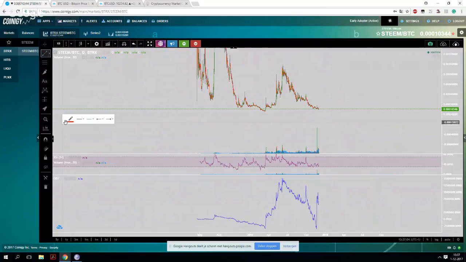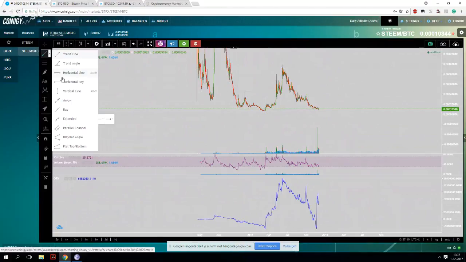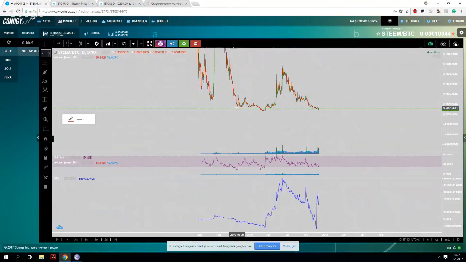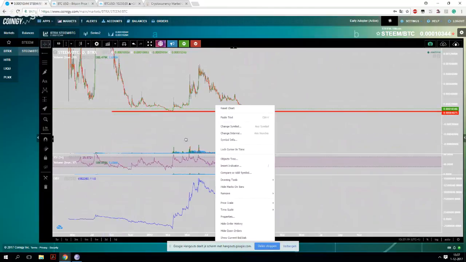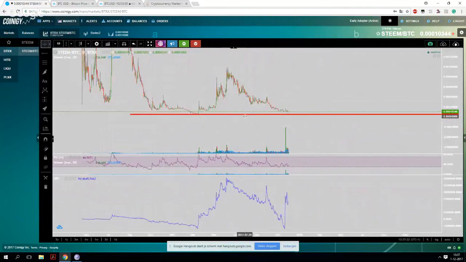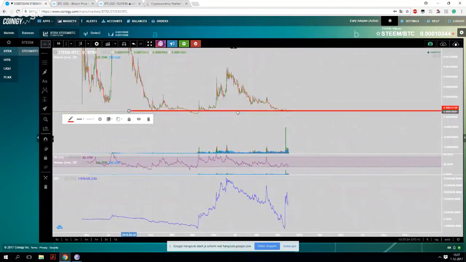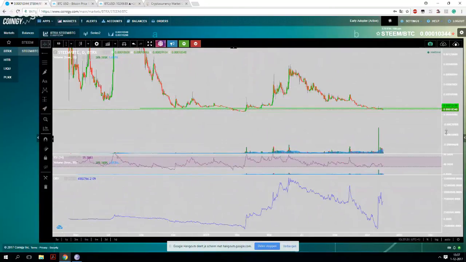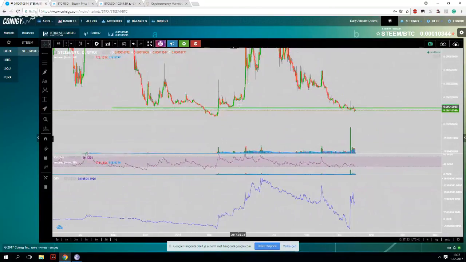That being said, this is the support level. I'm going to base my analysis on the following.